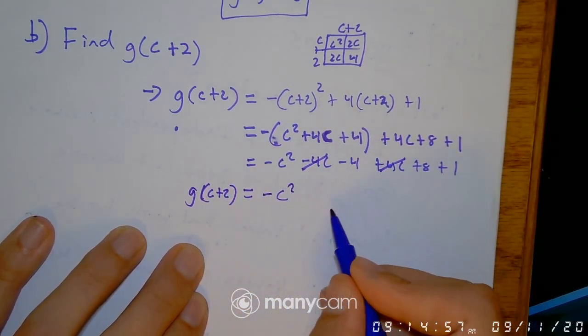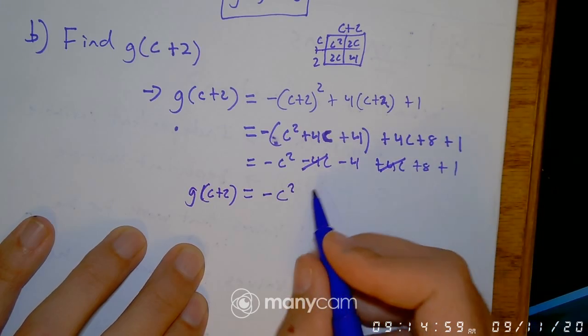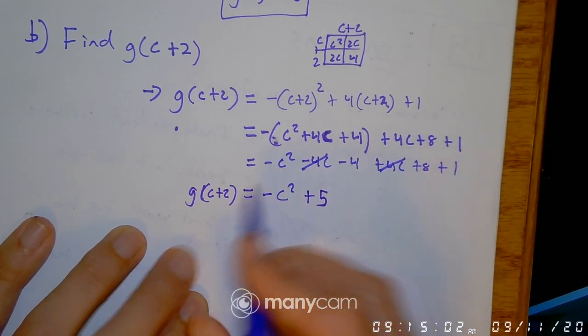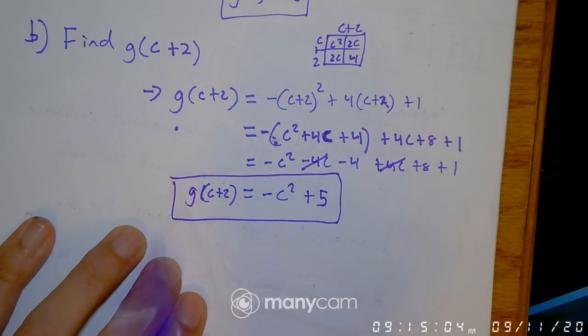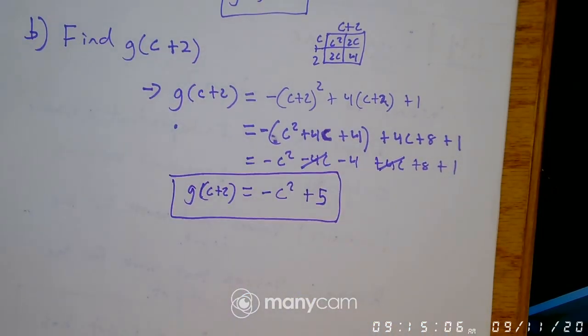Negative c squared, and I think it's 5. Okay. So make sure you guys can do that. This is why function notation is so superior to whatever that stupid notation is called that we taught you in Algebra 1.